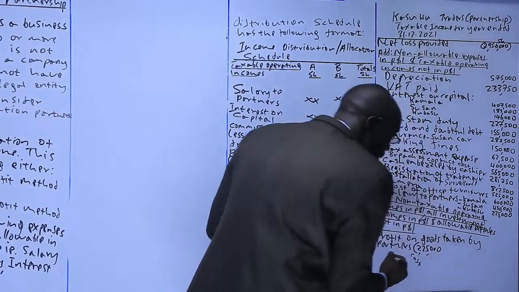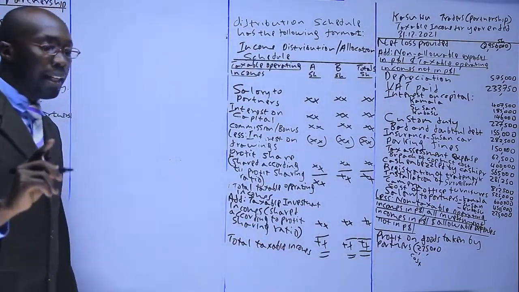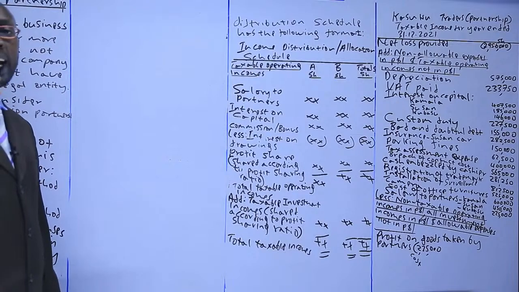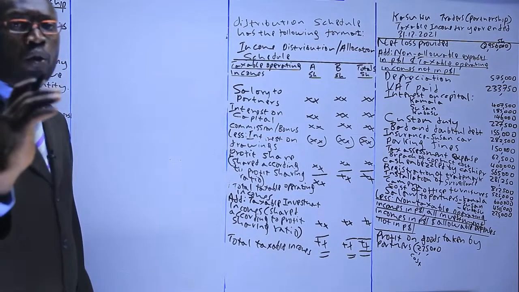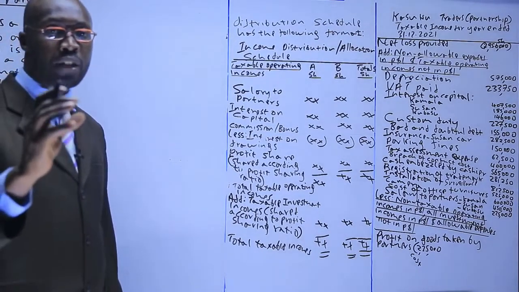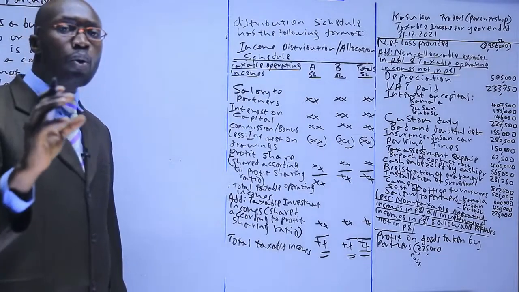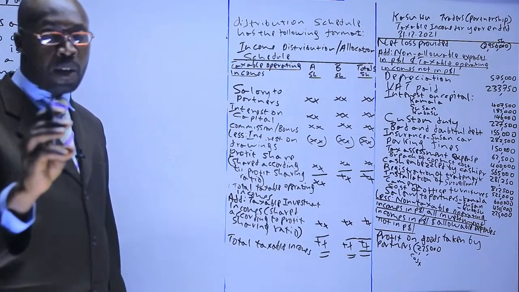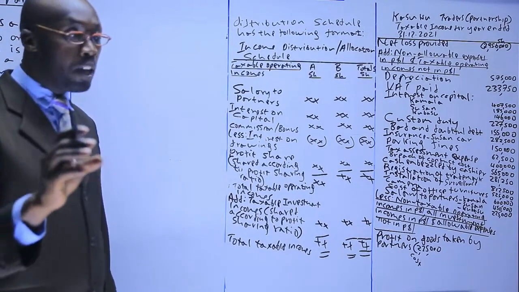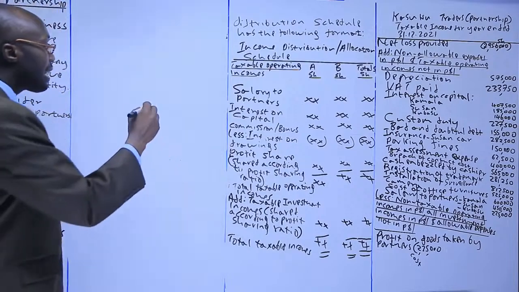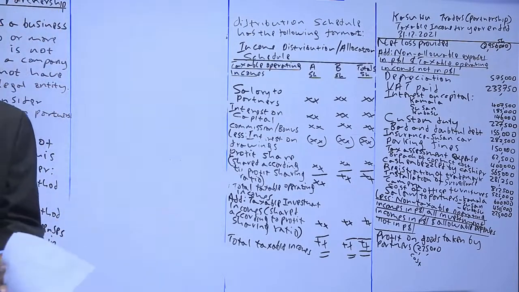This is the cost. I want to remind you that whenever you are given margin or markup, I know you have done financial accounting or financial reporting, and you want to get the profit, you must be very careful. Remember, I want to illustrate here.